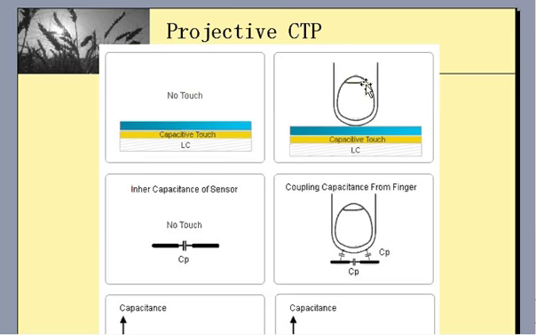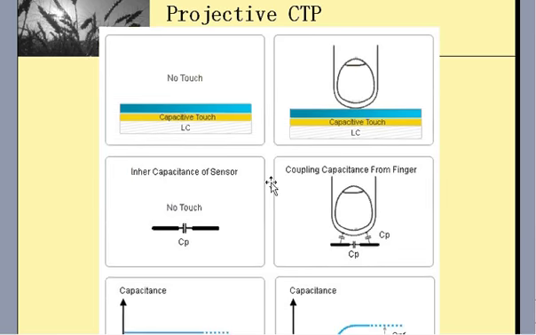And then when there is a touch, you will see, if there are two conductive electrodes getting very close, then in between there is a projective capacitance, and so it is a sensor.